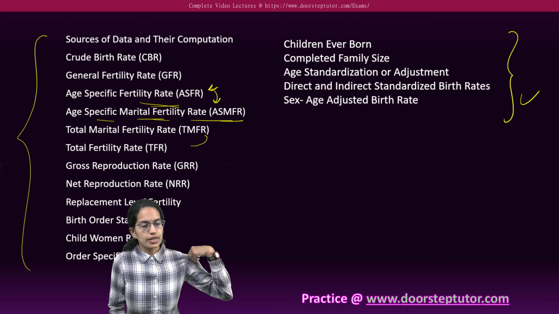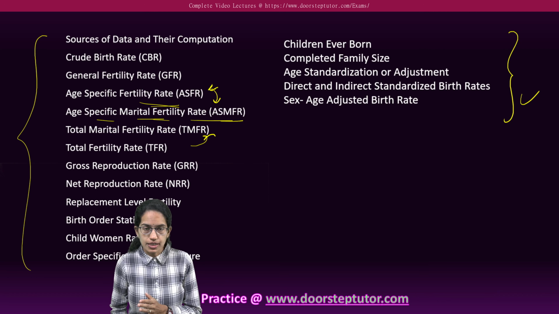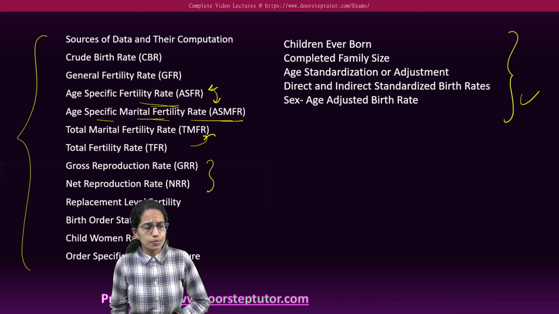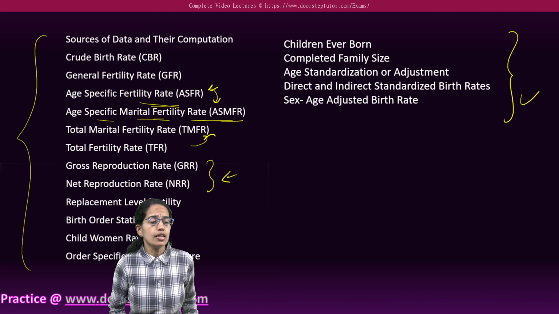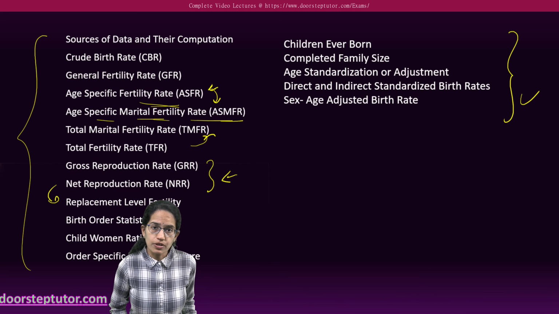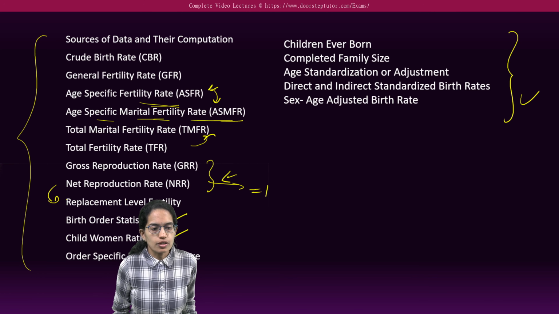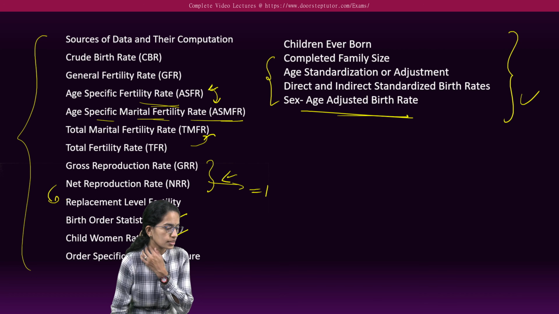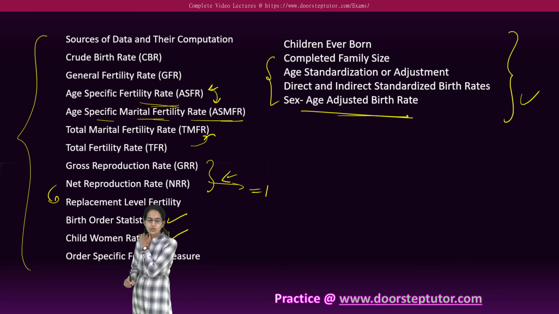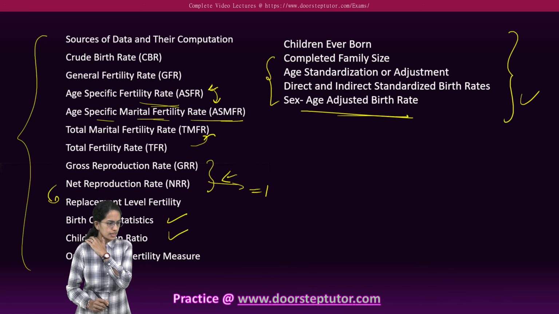Similarly, total fertility rate to total marital fertility rate, gross reproduction and net reproduction rate, what is the replacement level when NRR equals 1, then the birth order, child-woman ratio, the concept of age-sex adjusted birth rate. So all these are some of the important concepts that we would understand as we proceed in the lecture today.